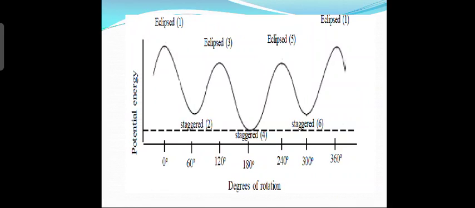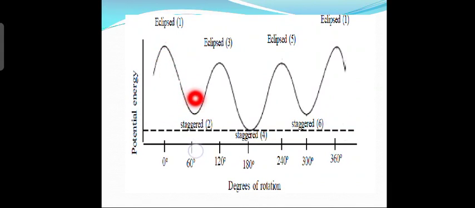Next slide. Here there is a graph showing potential energy along the y-axis and degrees of rotation along the x-axis, starting from 0 degrees, then 60, 120, 180, 240, 300 and 360. What about the potential energy? The eclipsed form, that is the first conformation, has the highest potential energy.